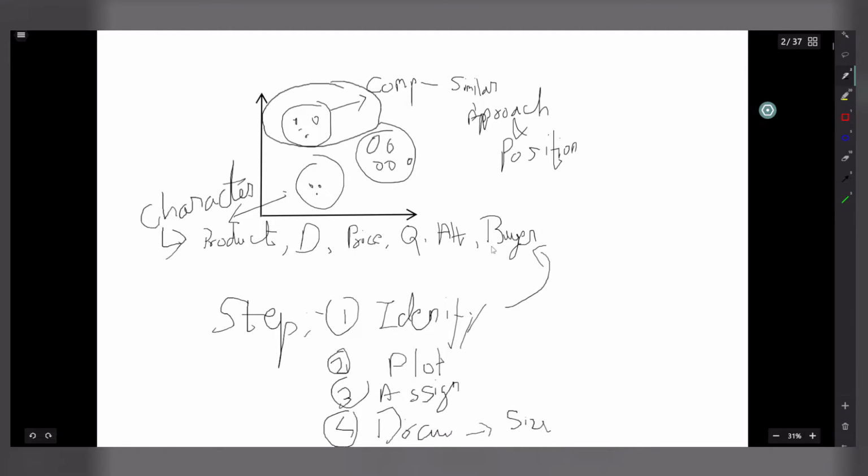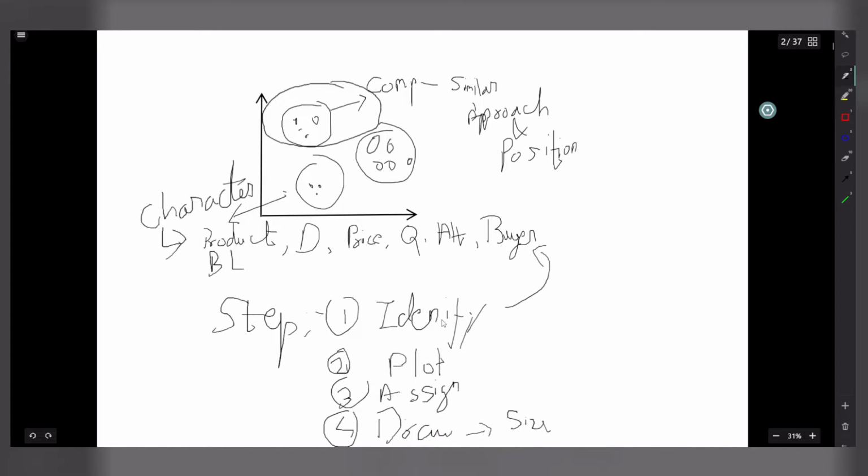So these are the steps of strategic group mapping. First, identify competitors based on their characteristics. These can be product line breadth, distribution channels, distribution pattern, price structure, quality, the range of products they're offering, similar attributes, and the buyers they're dealing with.